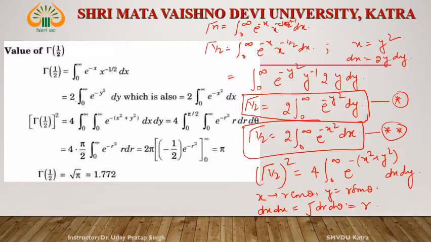This is r, that is r dr d theta. Sorry, this is the double integral, no? Double integral 0 to infinity, 0 to infinity. Now after applying this transformation, x is equal to r cos theta, y equal to r sin theta, and dx dy is equal to Jacobian dr d theta, that is r dr d theta.